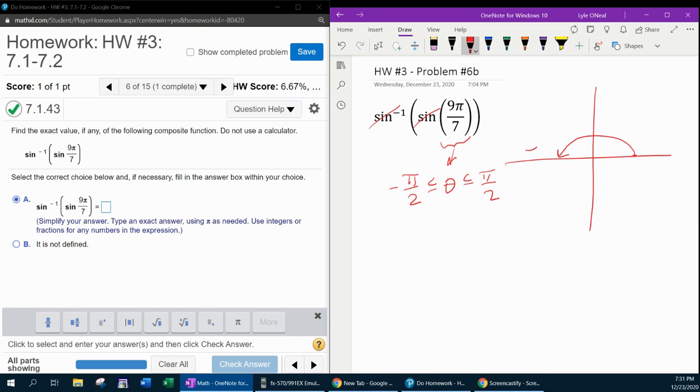If I go to pi, that would be equivalent to 7 pi over 7. 9 pi over 7 would be 2 pi over 7 past pi. So 9 pi over 7 throws us into quadrant 3, and that is definitely not within the range of negative pi over 2 to pi over 2.